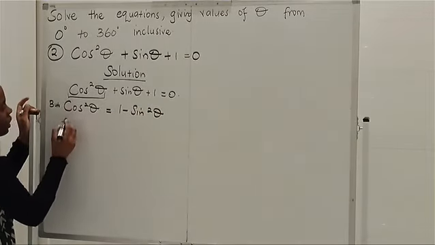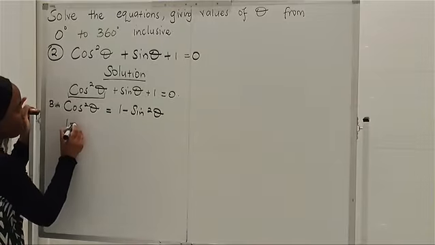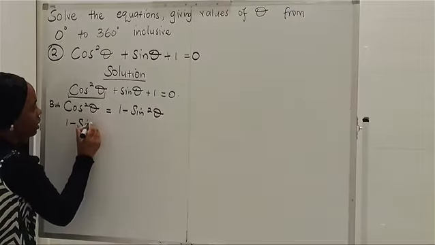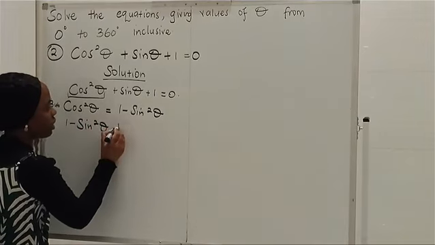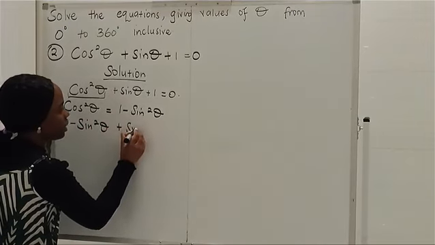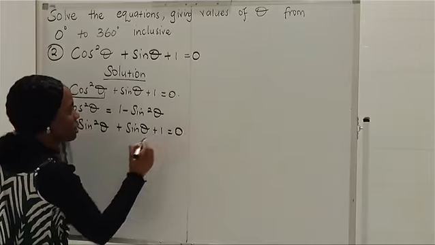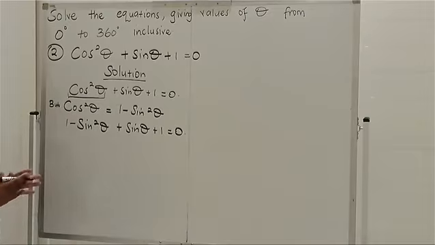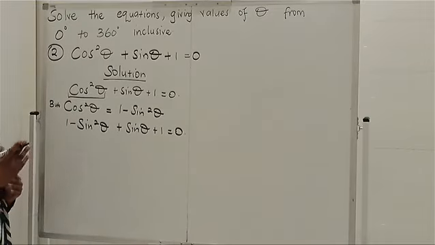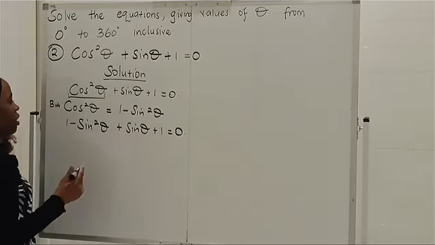Now replace it, we shall have 1 minus sine squared theta, then plus sine theta plus 1 is equal to 0. Now rearrange it starting with the squared, then after I write sine, then after I write the constant.